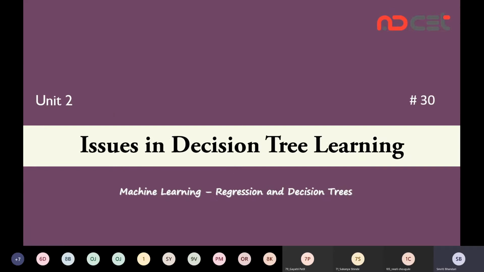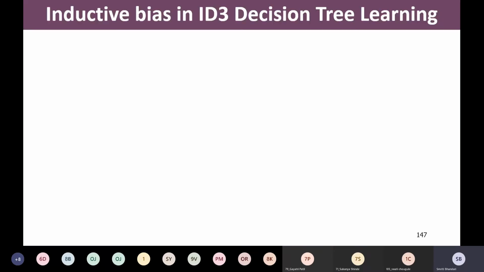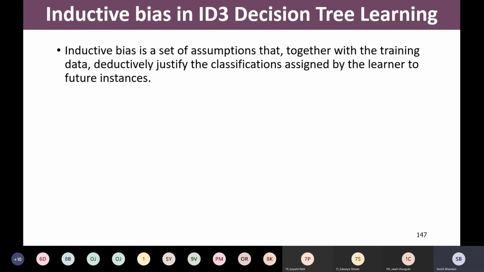So today we are going to discuss a few issues in decision tree learning. First of all, we'll see what is inductive bias in the ID3 decision tree learning algorithm. This term, in fact, we have discussed in our unit number 1. So what is inductive bias?